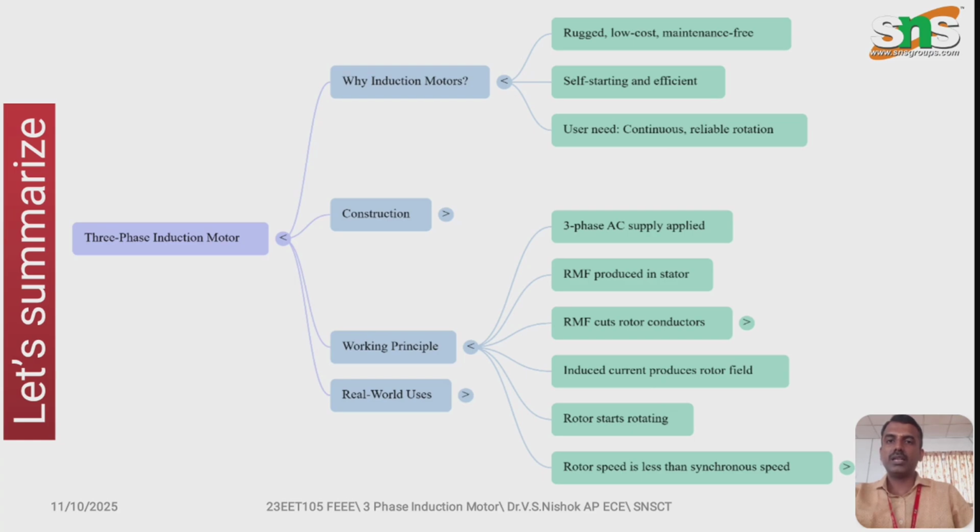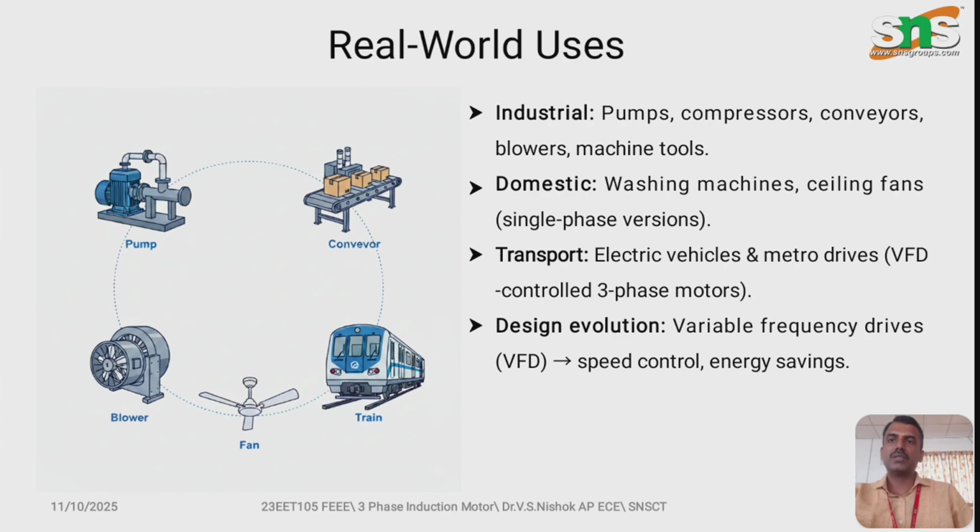Coming to the working principle, we have seen Faraday's law and how, based on it, this induction motor provides the electromotive force. And finally, we have seen the different applications like industrial, domestic and transport where it is used in the real world. That is all we have seen in this video.